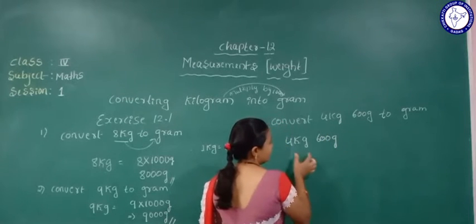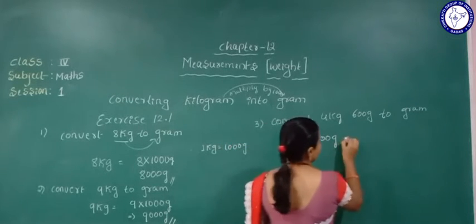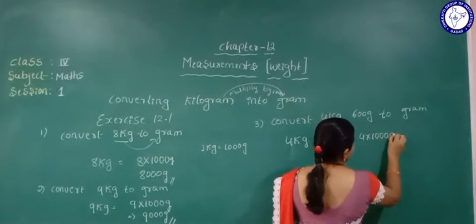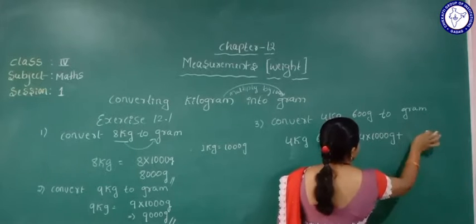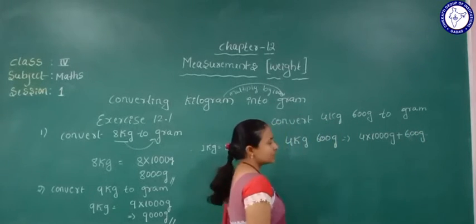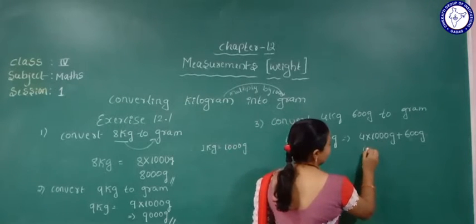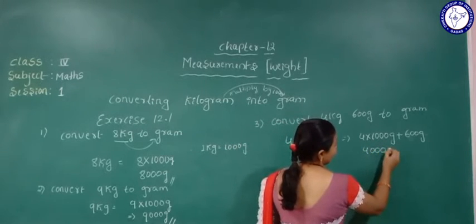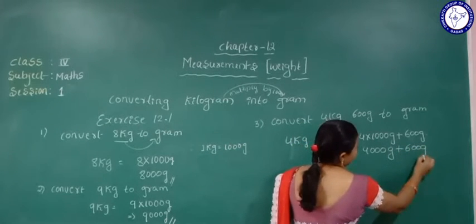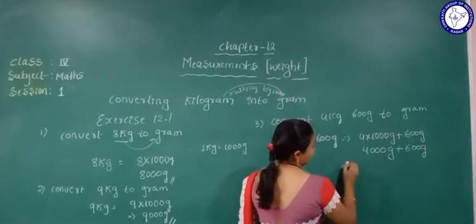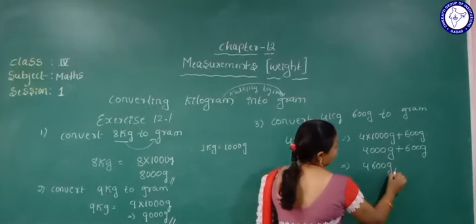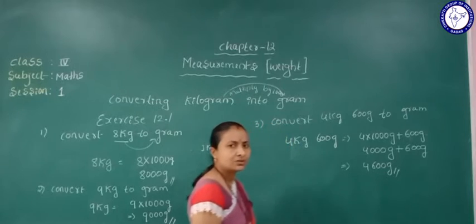Only the kg we convert. 4 into 1000 gram plus 600 gram. So we multiply 4 into 1000, 4000 gram plus 600 gram. Add these two, we get the answer 4600 gram. Understood how to do it?